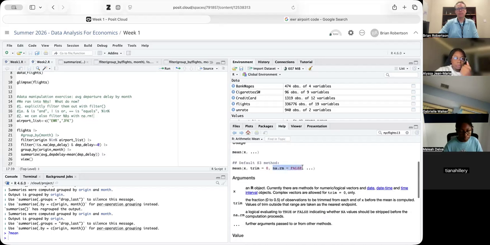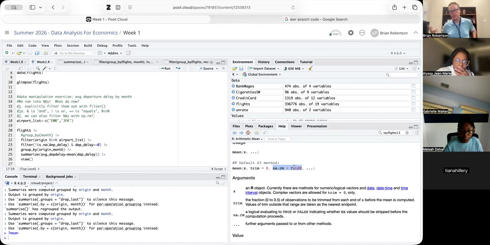NA.rm equals false. If I go into the help file on the mean function, you'll see NA.rm equals false. And quite a few functions have this flag.